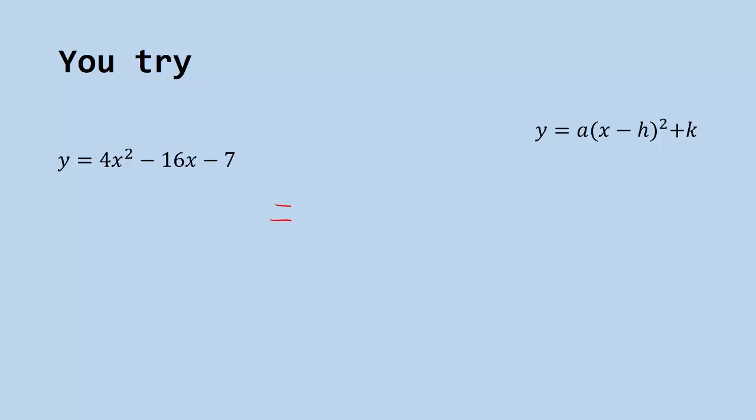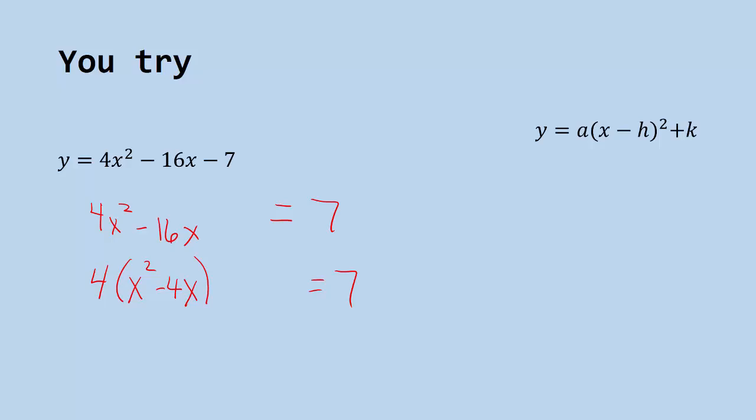So I'm going to add a little equal sign here so that I can just do this, 4x squared minus 16x, and I'll move my minus 7 to the right, because I'm used to that with the completing the square. But still, to do the vertex form, I can't really get rid of these numbers, so I need to factor out the 4 to get x squared to have a 1 in front. So I still have 4 times x squared minus 4x, still equal to 7 on this side.